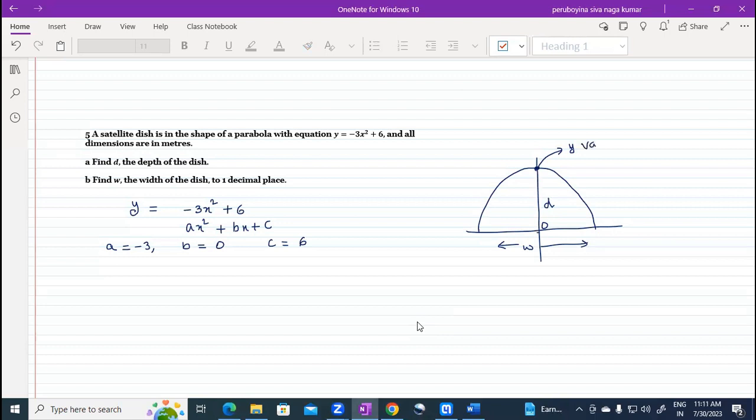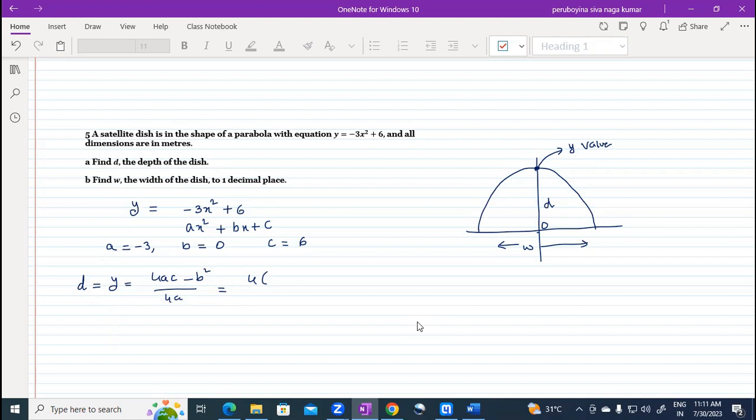This is the y value. Depth d equals, we have the formula 4ac minus b square by 4a. That is the height, or vertex. It's a downward graph. We got the height, but we didn't get the width. Okay, I will tell you. It's very easy.